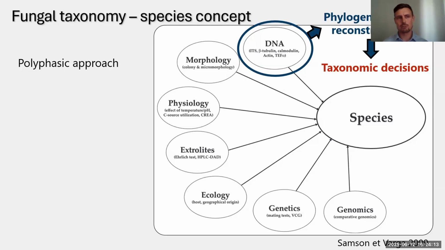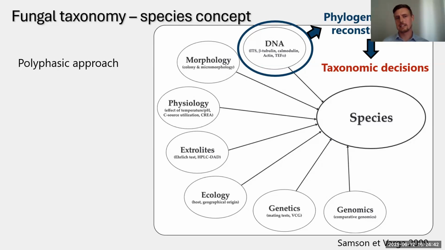As I said, in Aspergillus, there is a gold standard of using a polyphasic approach to taxonomy, which means collecting as much data as possible from all these different types of information, and then combining them all for the taxonomic decisions.